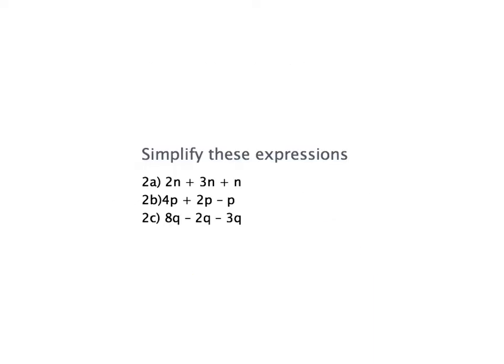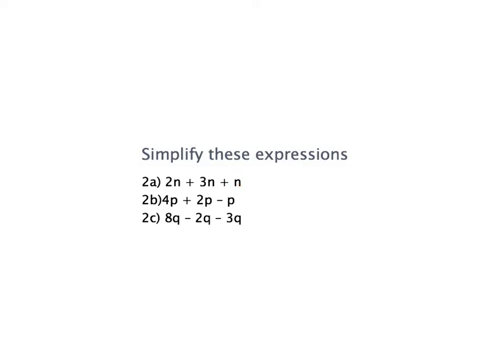Okay, so going on to the first example, you've got a few more to do yourselves, but we can see that in this one, very simply, they're all the same terms. So we can just collect the like terms. We've got 2n plus 3n plus 1n. Okay, the 1 isn't written there, but it's just an n on its own.